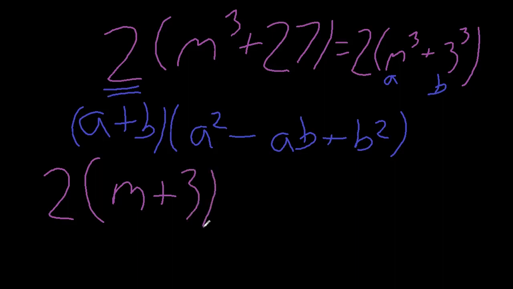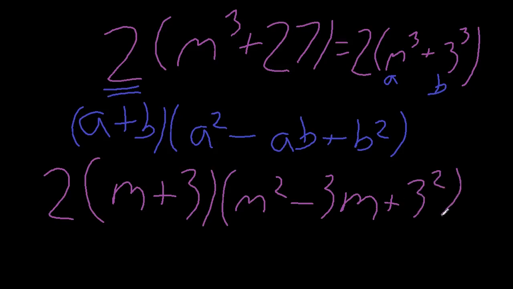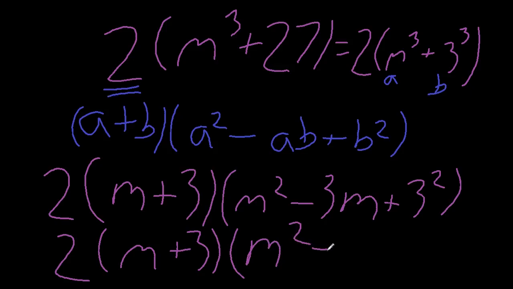So I'll have m squared minus m times 3, which is 3m, plus b squared, which is 3 squared. And all I have to do is just simplify that last term. So I'll just rewrite down everything. And then 3 squared is 9. So that's the final answer.